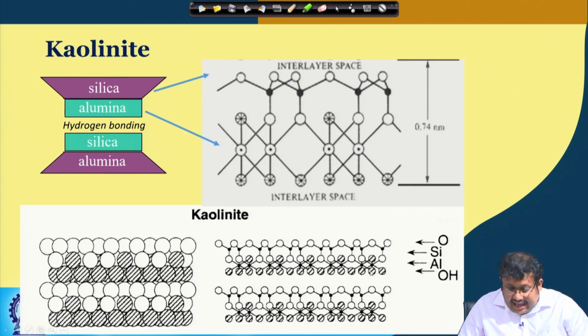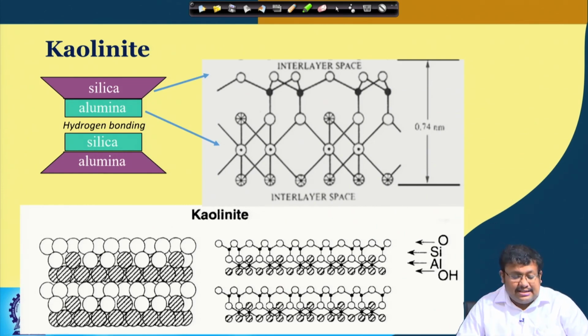So, you can see the hydroxyl ionic layer is basically coexisting with the oxygen layer, and as a result of this difference in their electronegativity, there will be formation of hydrogen bonding.